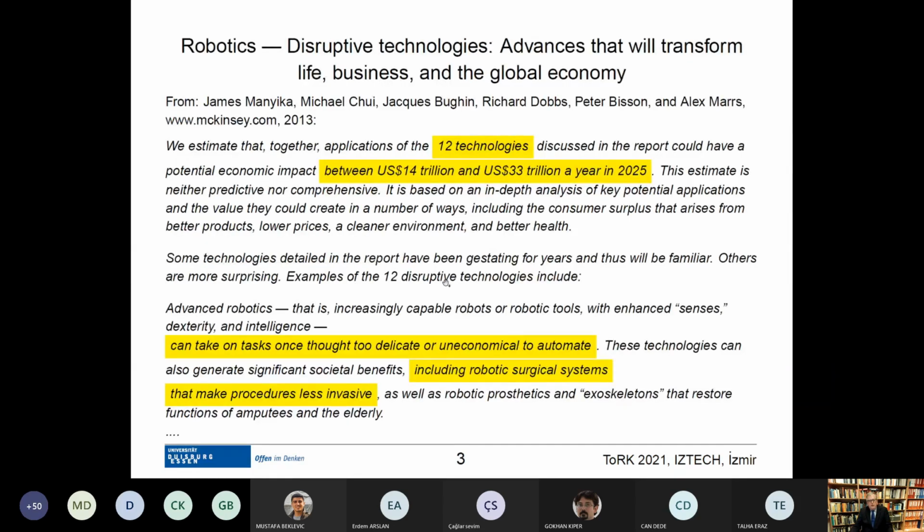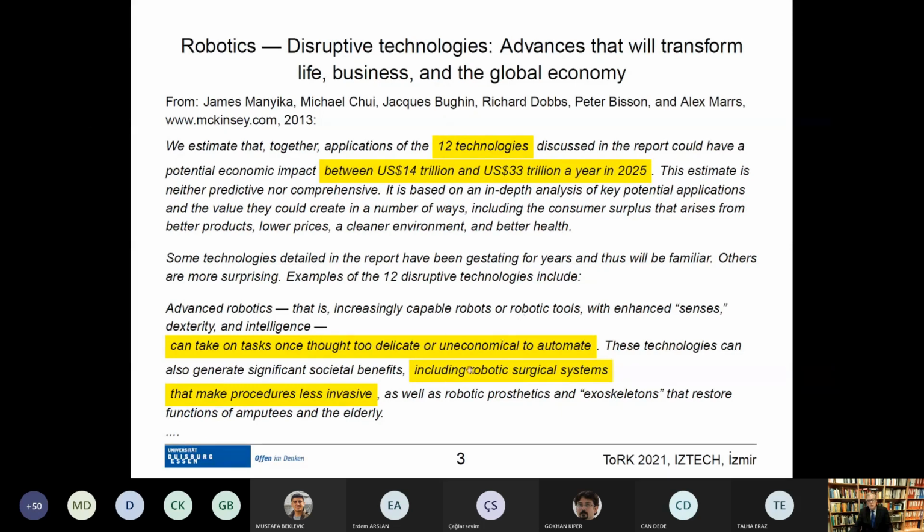So if you look at robotics, this is already a couple of years old, but there was this analysis by McKinsey, and they saw that among the 12 technologies that are going to be disruptive in the area of $1 trillion a year, one of them is robotics.